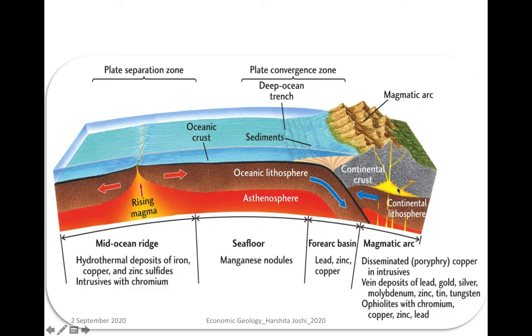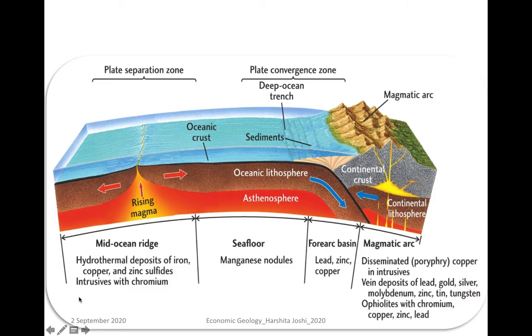These compositions are the mineral compositions, because we know that ore is nothing but a rock which has different minerals which can be extracted profitably. So, you may get minerals here, you may get minerals here, economically viable minerals.